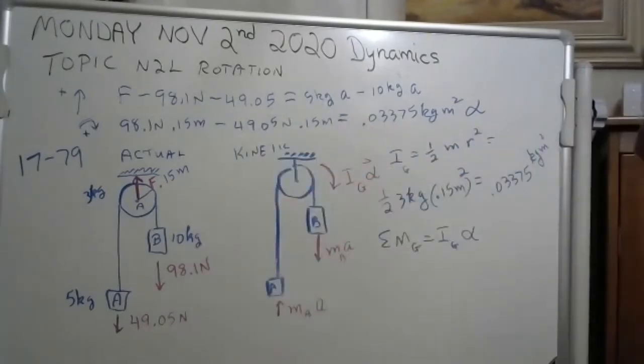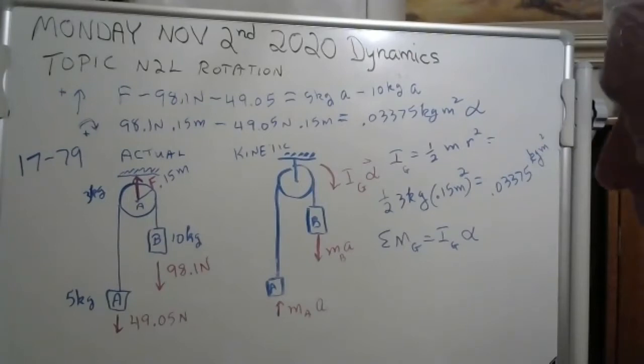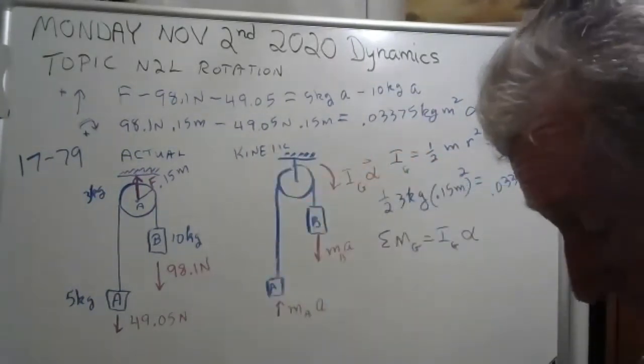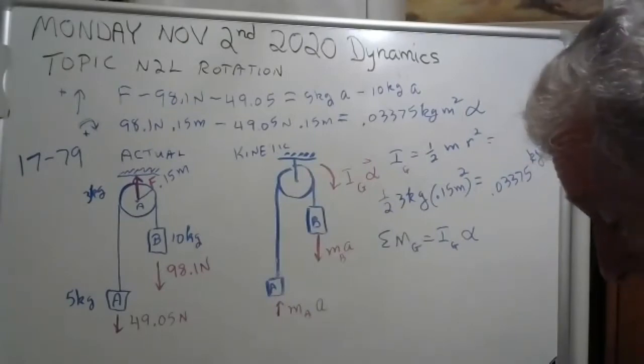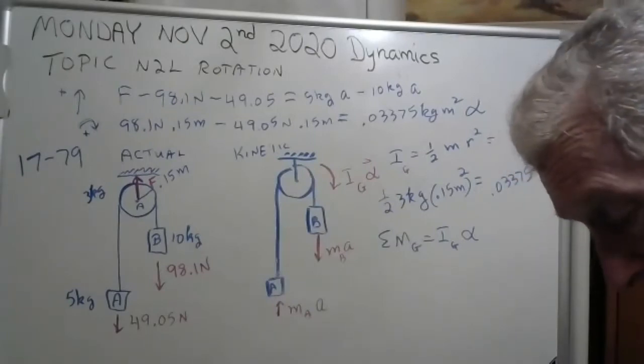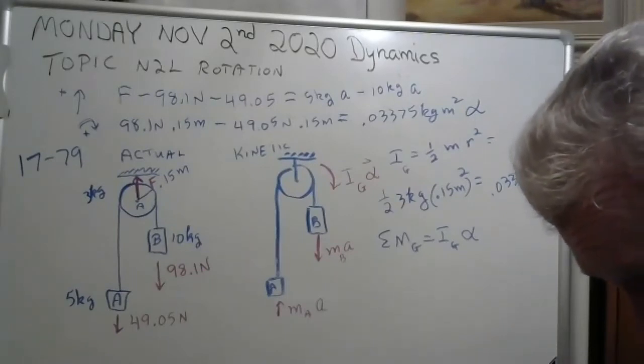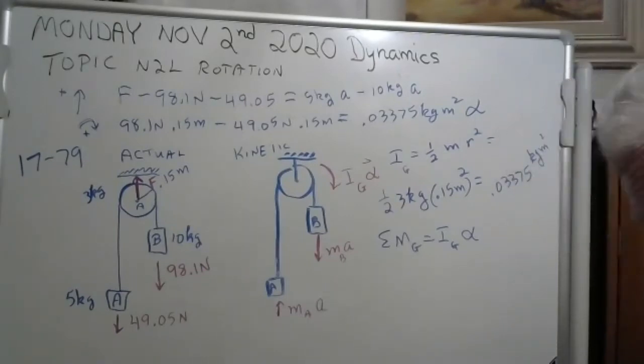Well, we can solve for alpha. Let's do it. I'm going to shut up now and give you guys 1 minute. I want you to solve for alpha. And then I'll call on one of my students and we'll get our angular acceleration. On your mark, get set, go.